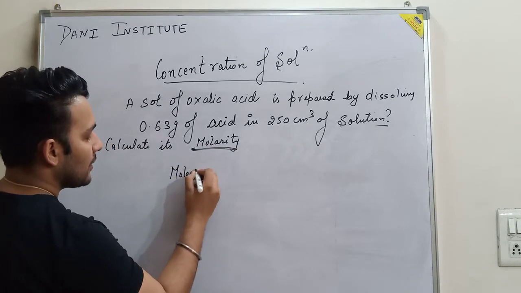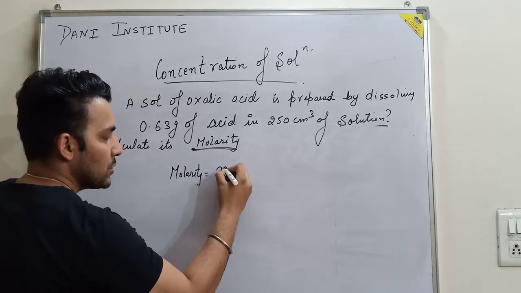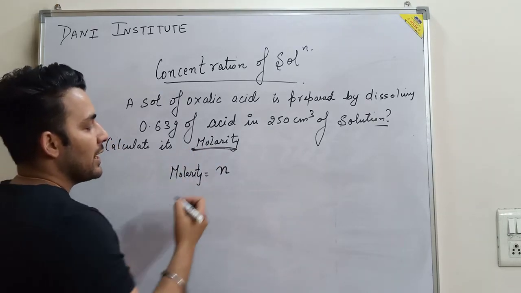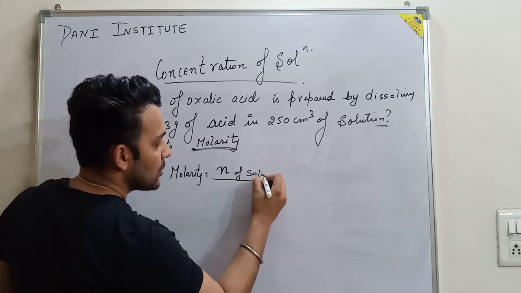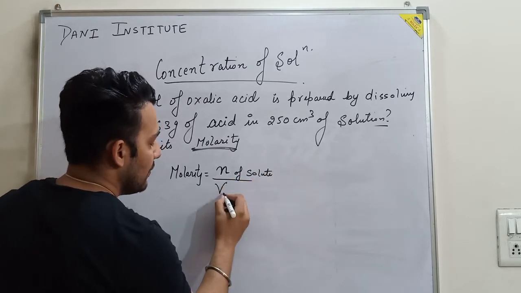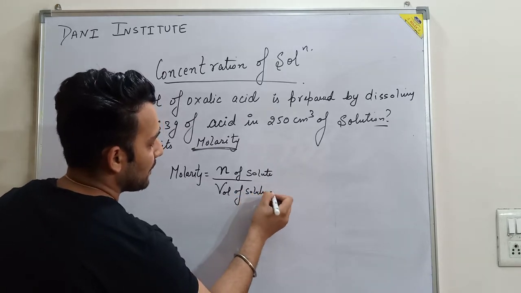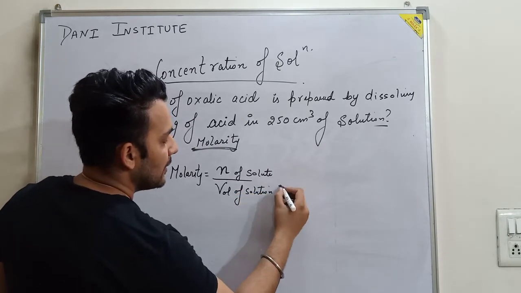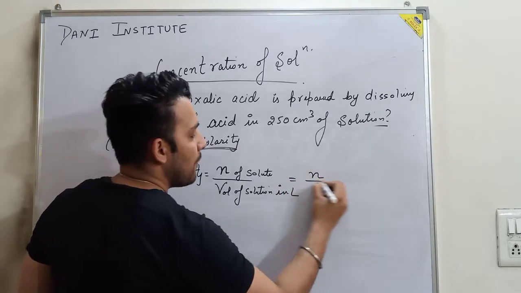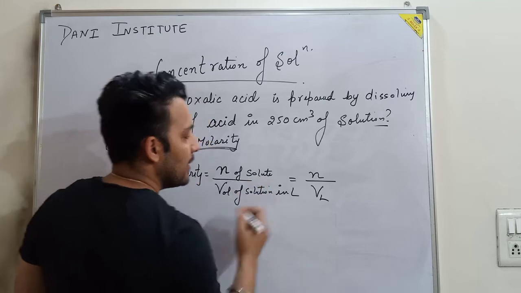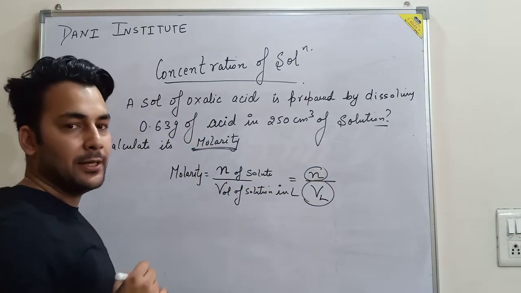Molarity is equal to number of moles, small n represents number of moles of solute, divided by volume of solution in liters. Now we can also write in a short form, that is n upon V in liters. n means number of moles, V in liters means volume of solution in liters.